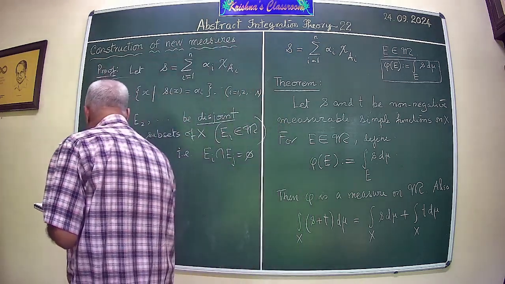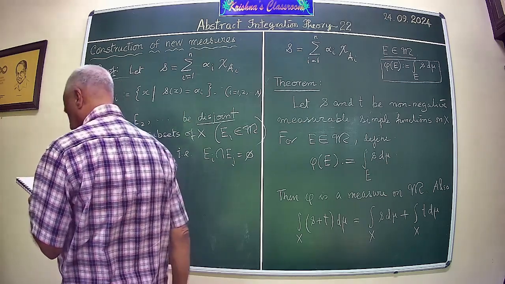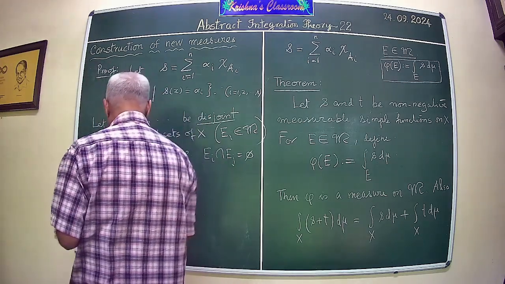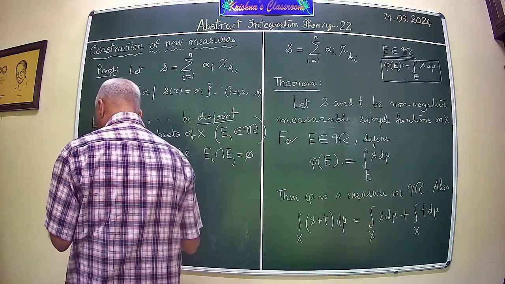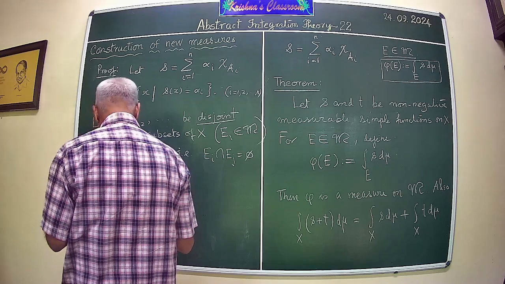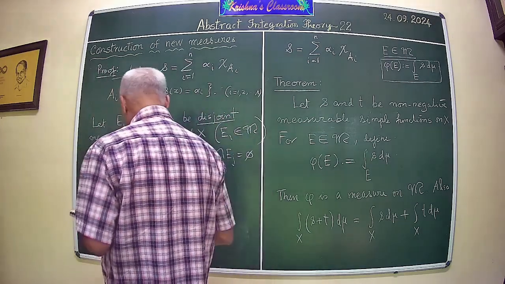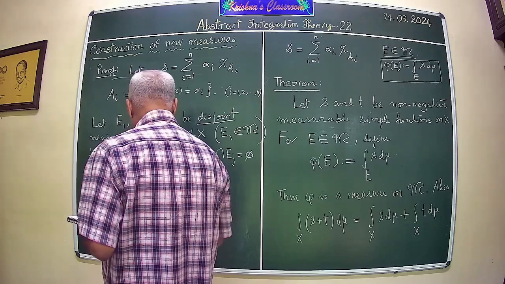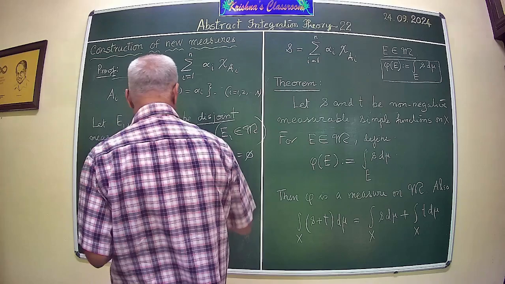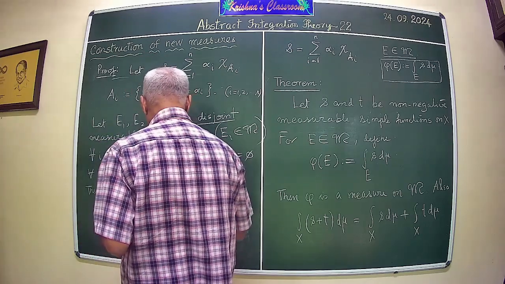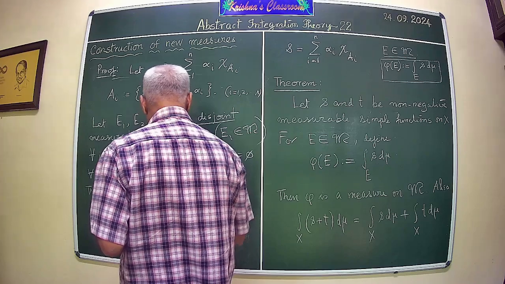We have phi of E is defined as the sum, sigma i equal to 1 to n, alpha_i, restricted to E, then this is going to be the measure of, this is the definition of the integral, measure of A_i intersection E.